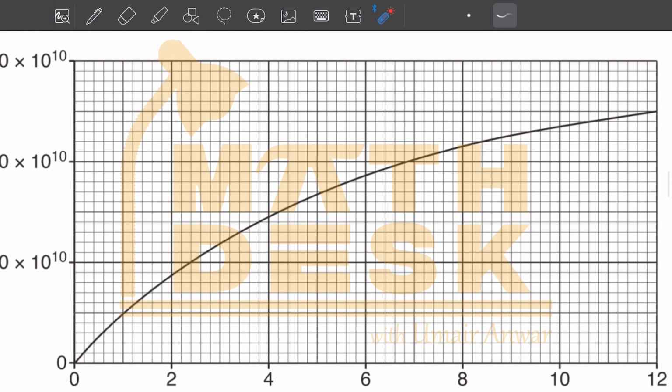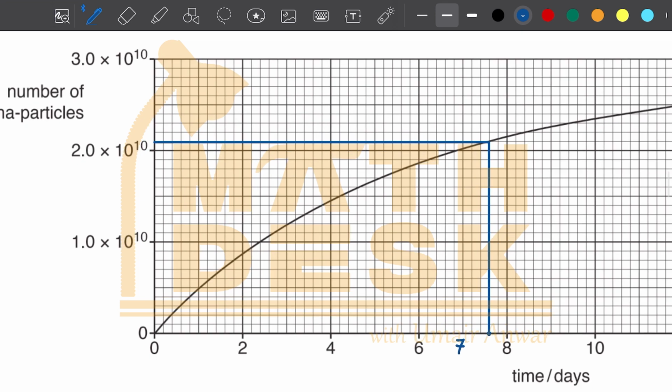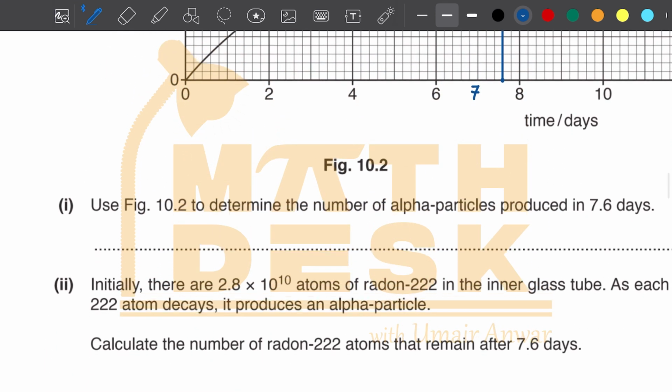So for 7.6, this line is representing 7 and 7.6 would be represented by this box. So I'm drawing a line up to the curve, and the curve is here at the value of 2.1 × 10^10.